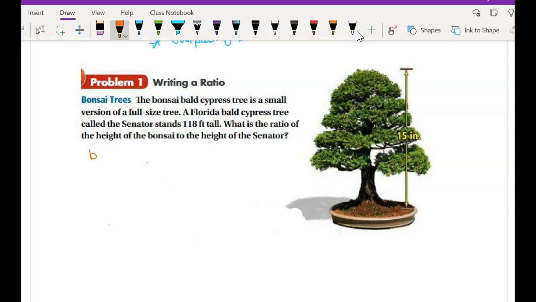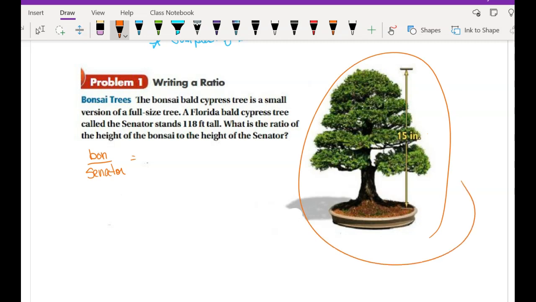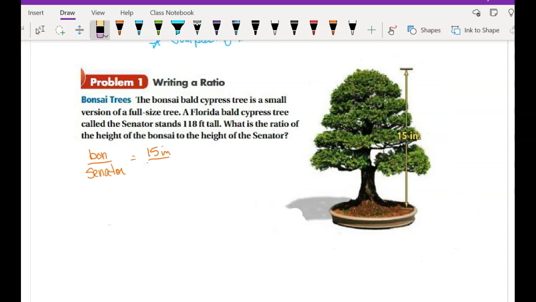So it's going to compare the bonsai to the Senator. So what is the height of the bonsai? Oh, so they give us a picture right over here. So the bonsai is 15 inches. Now, what is the height of the Senator? The Senator is 118 feet.